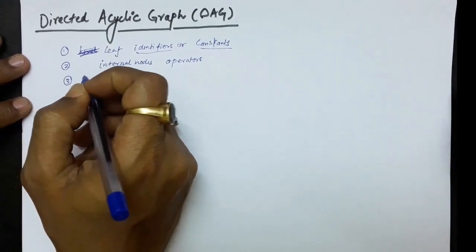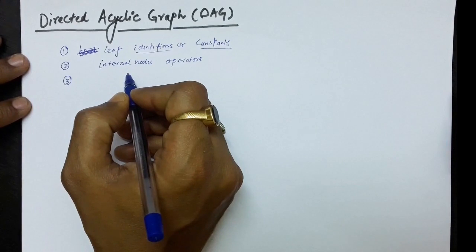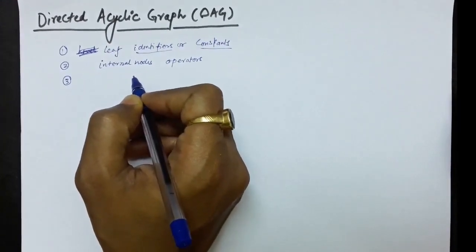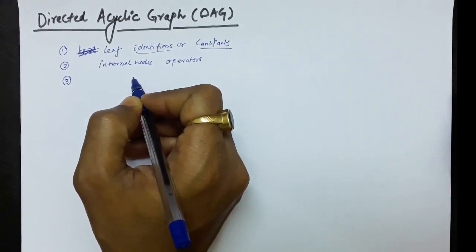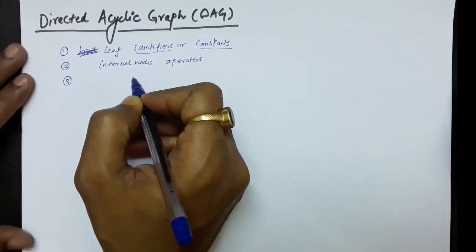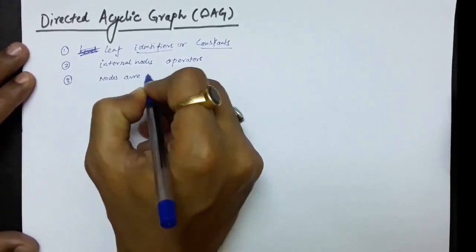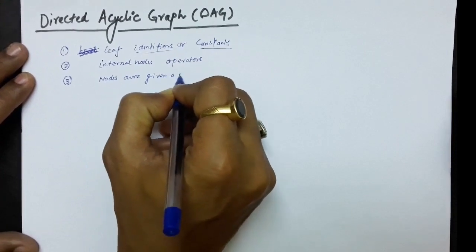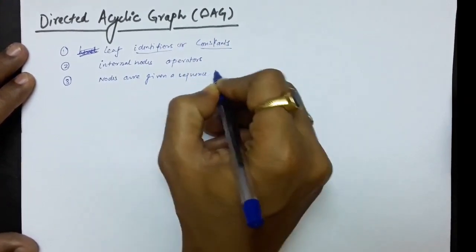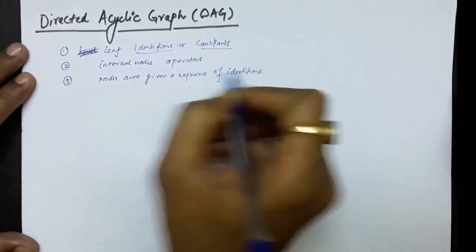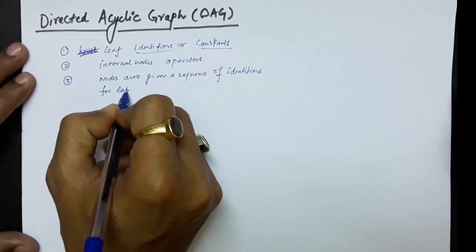And every node in the directed acyclic graph is given a sequence of identifiers for a label.